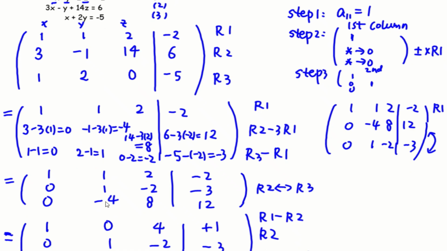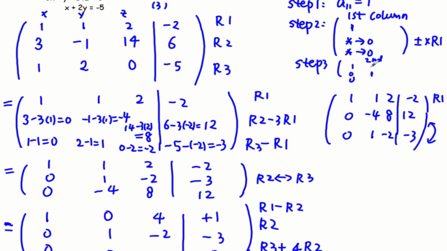Once we have this one as 1, then we want to change the other 2 to be 0, by adding, subtracting, and multiplying the second row. Then we try the third row.